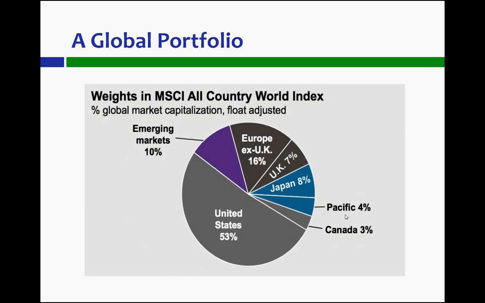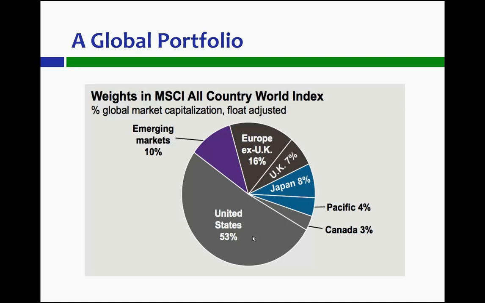This is a global portfolio. This is the MSCI All Country World Index. And it basically shows that the United States is 53% of the global market cap. And so what that means is that U.S. stocks represent about 53% of the world's stock market holdings.